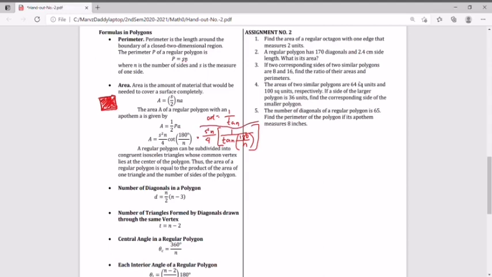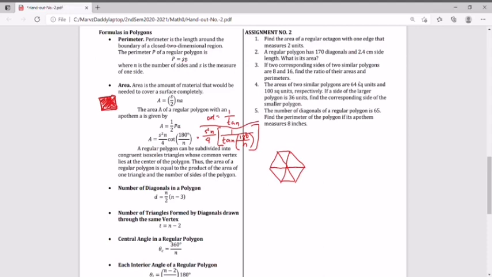Okay. A regular polygon can be subdivided into congruent isosceles triangles whose common vertex lies at the center of the polygon. Kung regular polygon, say for example, we have this one. From the center to the vertex, we have created isosceles triangles.